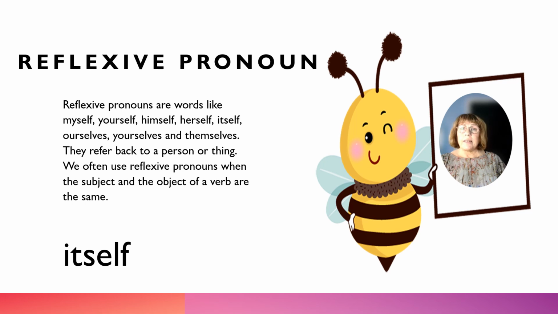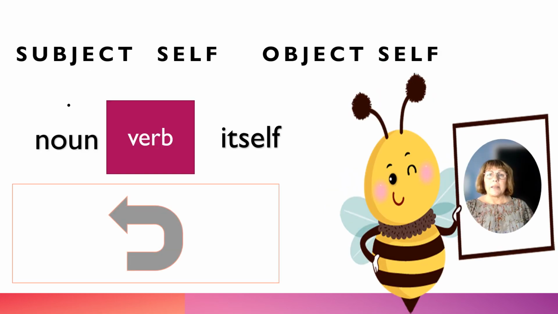So again, itself. When we talked about itself, what do we use as the noun when we are calling it it? Well, I'm just going to mention the dog or the cat. The dog hurt itself.